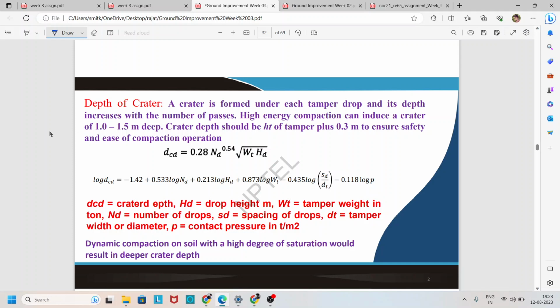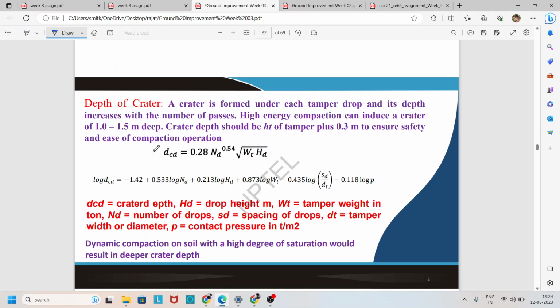Here two empirical formulas are given. One is in simple form, another is quite complex in nature. The second formula gives quite a good and accurate result for the depth of the crater.